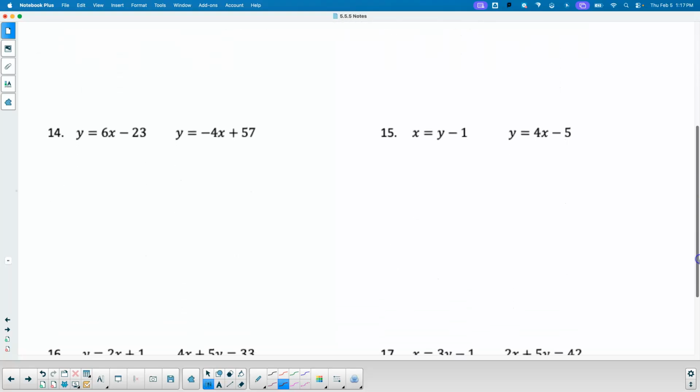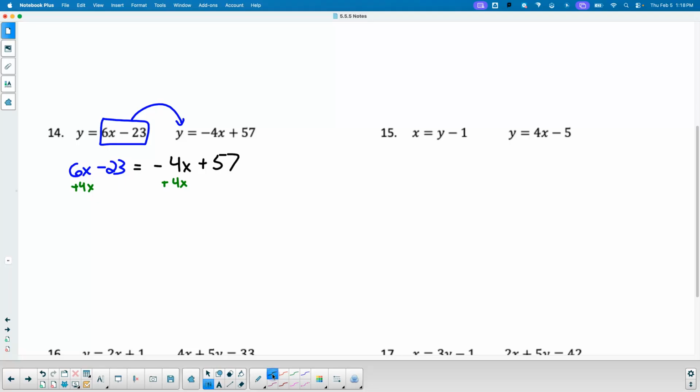The nice part about number 14 is they're both solved for y already, so I don't have to worry about solving one of them for the other. So I can put this in place of y right there. 6x minus 23 equals negative 4x plus 57. Let's add 4x to both sides.